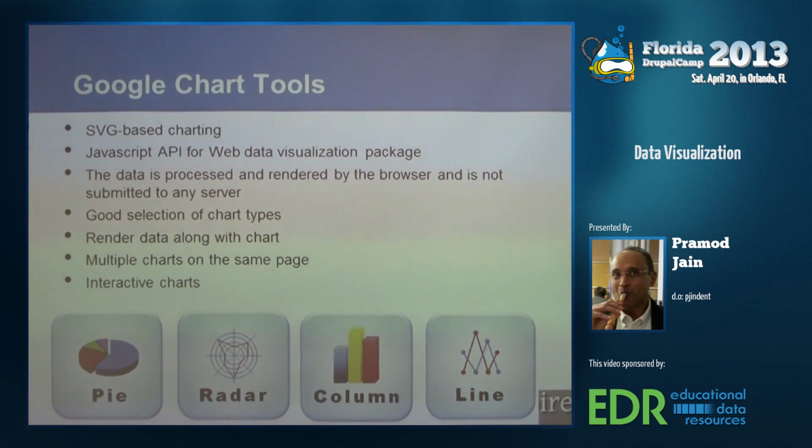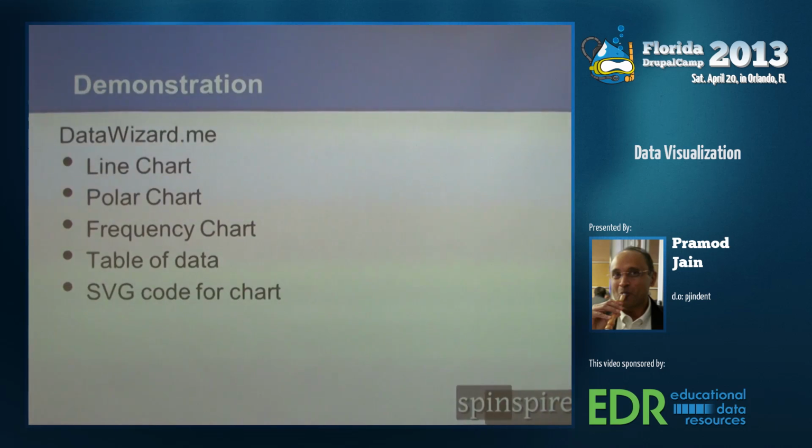And I've said this multiple times, data is processed and rendered by the browser. It's not going to somebody else's server. None of that is happening. Decent selection of chart types. You can also render data through the API instead of us having to manually do anything. We can render the data along with the chart, do multiple charts on the same page, interactive charts, good stuff.